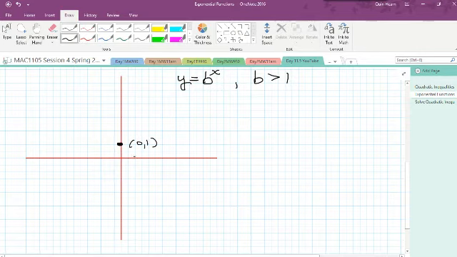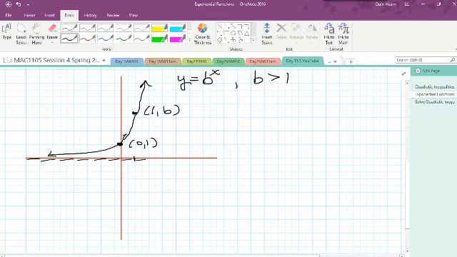It's going to go through the point (1, b), and whatever b is, those will be your 2 key points. It's going to be an increasing function, increasing from left to right. So as we read it from left to right, it's like we're going uphill, yeah? And it's always going to have an asymptote at y equals 0. So if I ask you to graph anything of that form, you can very quickly come up with the graph.